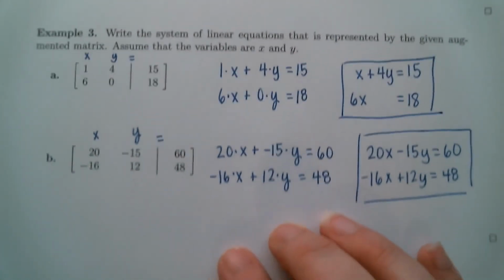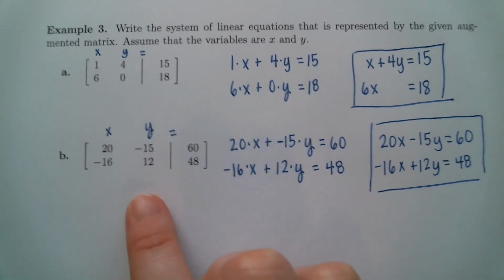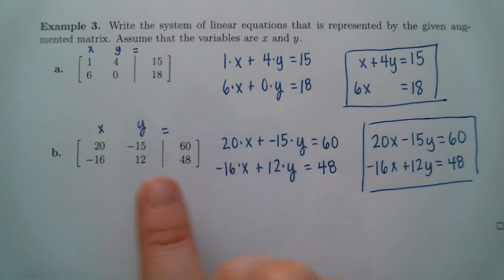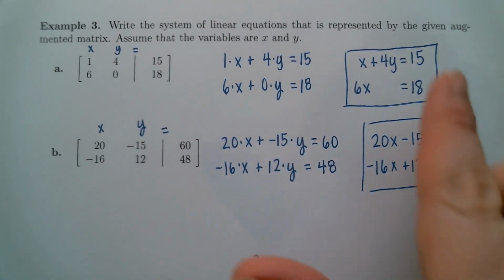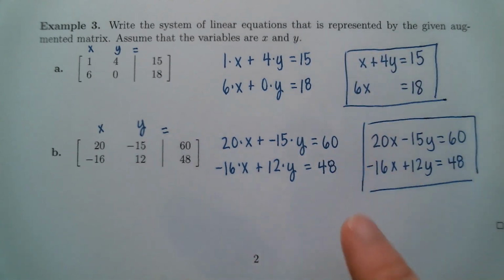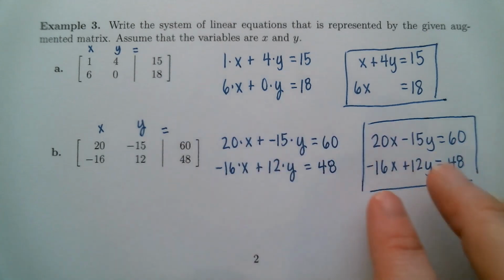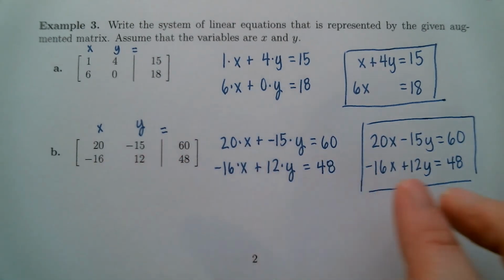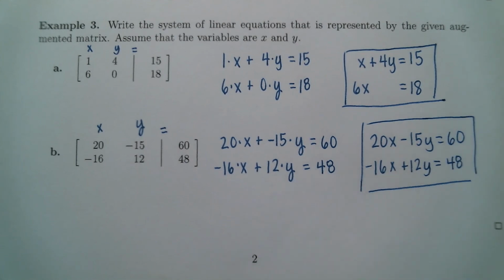And to do that, it could be helpful to take your final matrix and turn it back into a system of equations. In example 3, when we turned it back into a system of equations, these two are really hard to interpret a solution of. This was just to get you into the idea of taking an augmented matrix and translating it back into a system of equations.